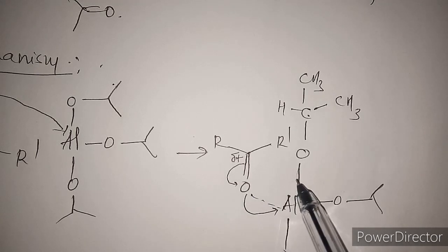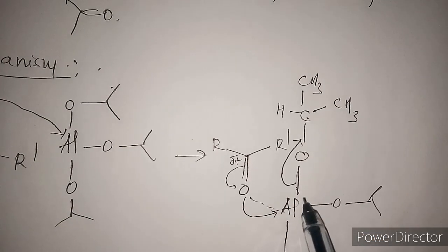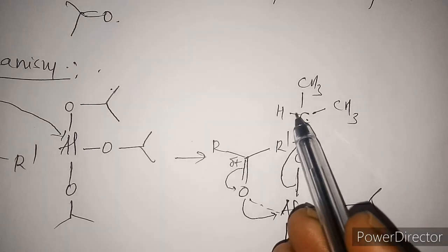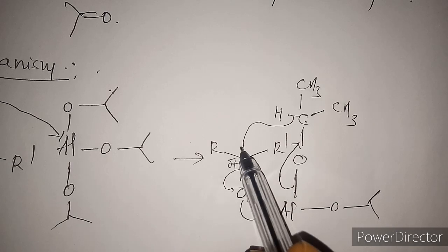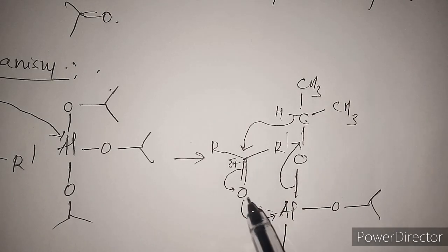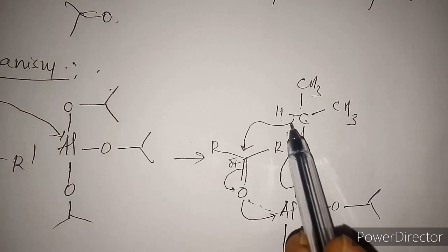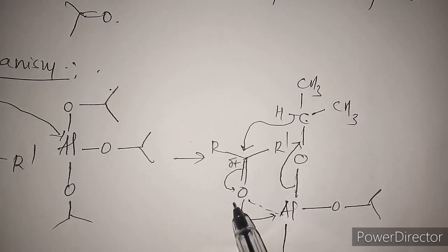Once it donates, this bond breaks and makes a pi bond, so it makes a CO bond. Once it makes a CO bond, this H, that is hydride, shifts to the carbonyl group. By pulling the oxygen towards aluminum, the carbon becomes able to accept hydride, that is, it is able to undergo reduction.